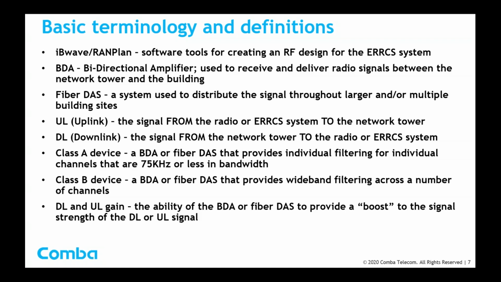A Class B device is a BDA or a fiber DAS that provides wideband filtering across a number of channels. And I've got some slides later that go into a little more detail on this. And then last point on this slide, downlink and uplink gain. That's the ability of the BDA or the fiber DAS to provide a boost to the signal strength of either the downlink or the uplink signal.